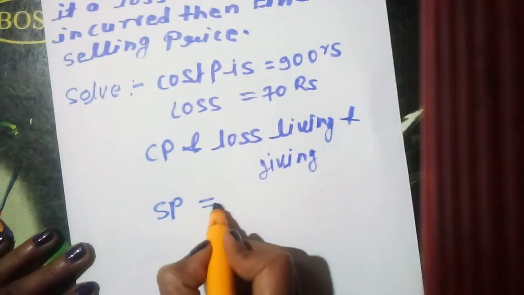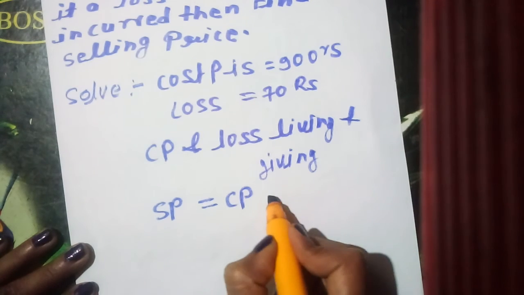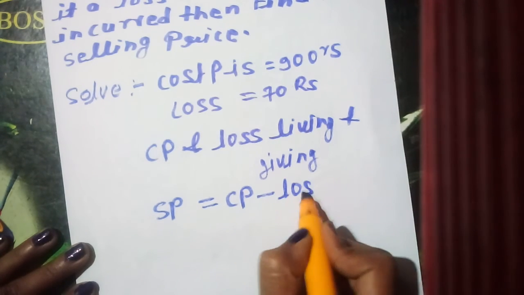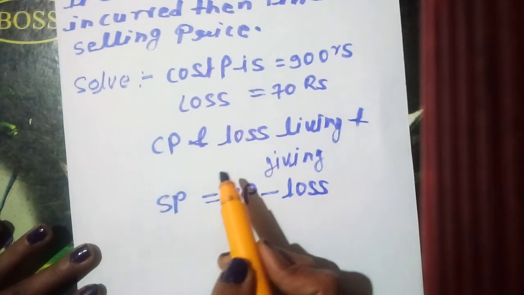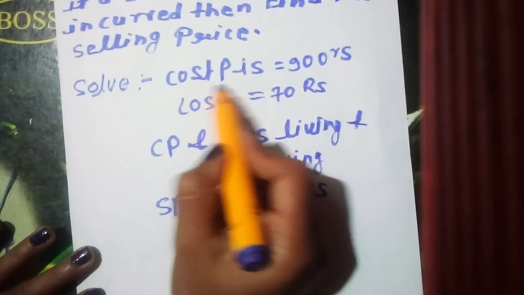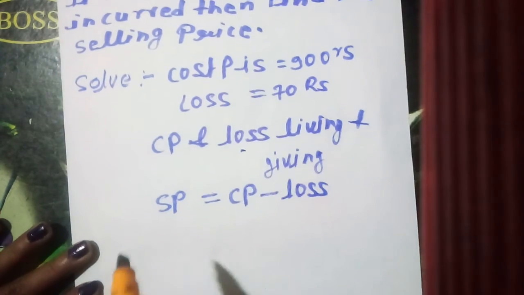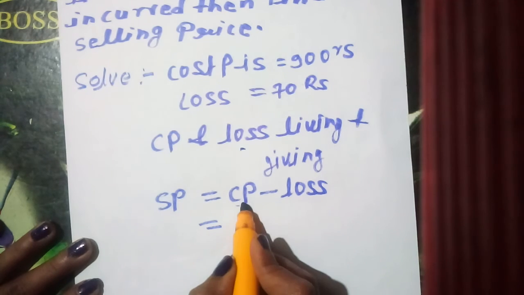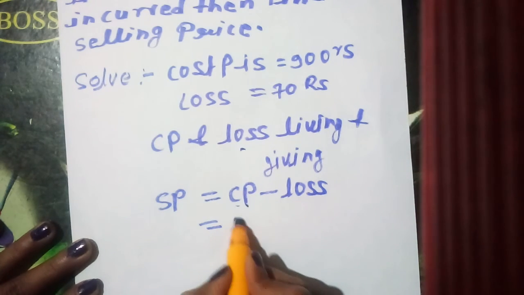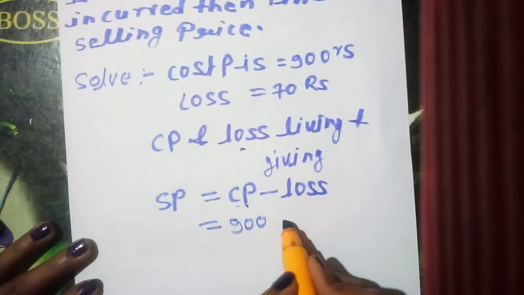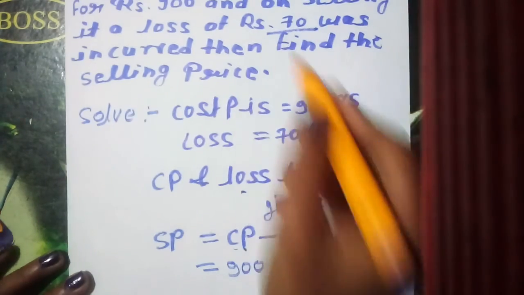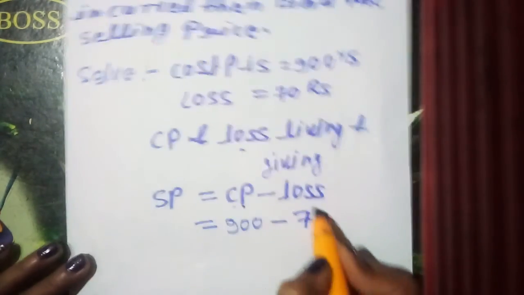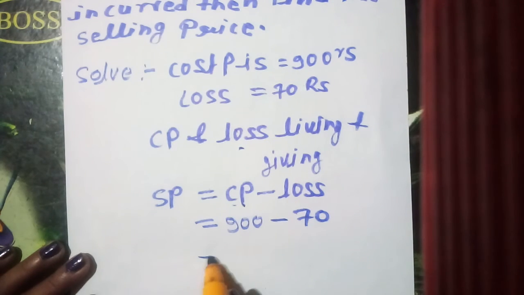SP is equal to CP minus loss. Here the loss and cost price are given. So the cost price is 900 minus the loss, which is 70 rupees.